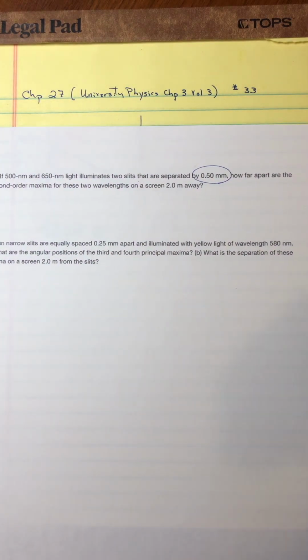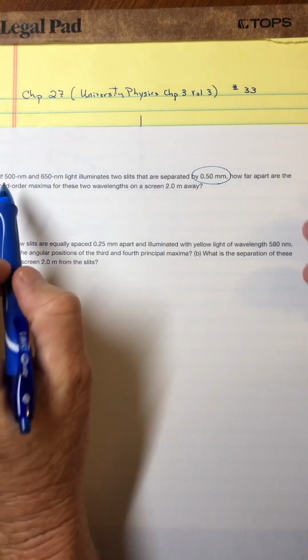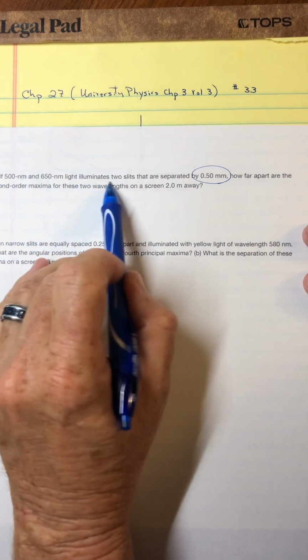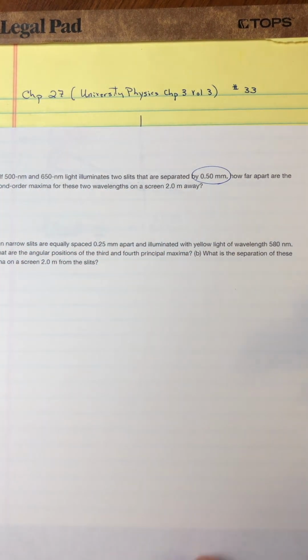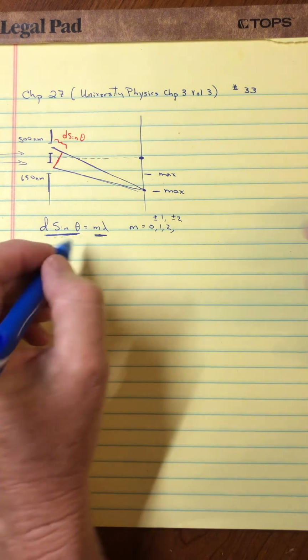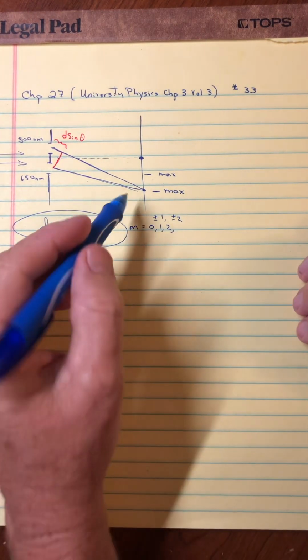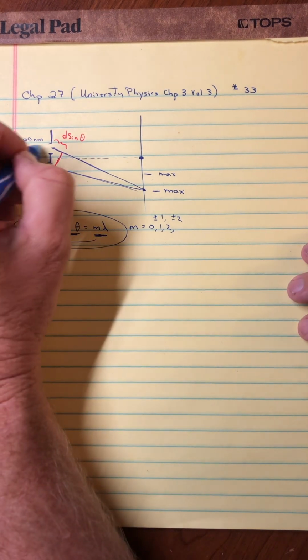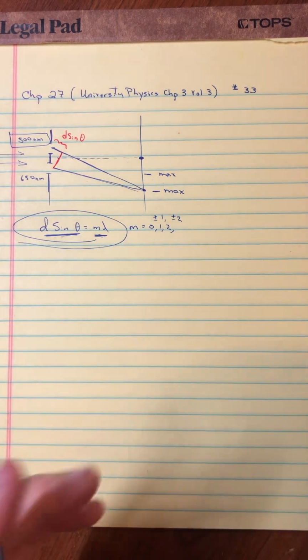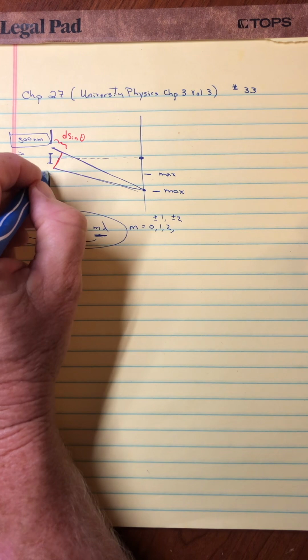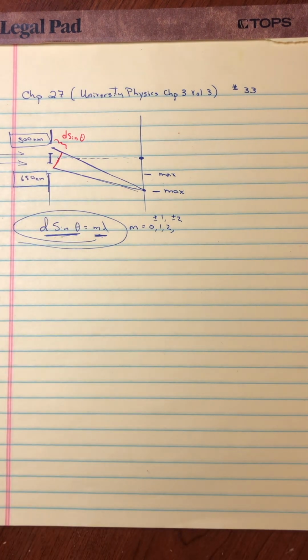All right, so what's going to make this problem a step harder is if you have two different wavelengths that illuminate it. Basically, we have this twice. We have bright, dark for the 500 nanometer, and bright, dark for the 650 nanometer.